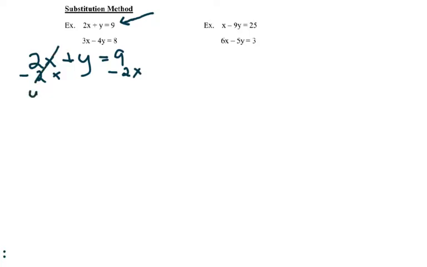When I do that, I get an equation of y equals negative 2x plus 9. Now that I know what y equals, which is this quantity right here, I'm going to take that quantity and plug it into the second equation for my y.